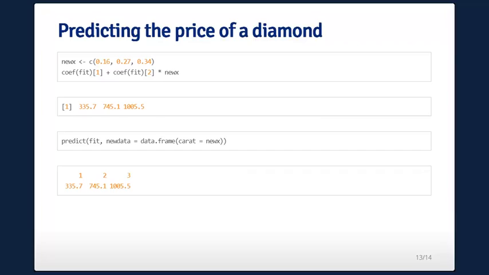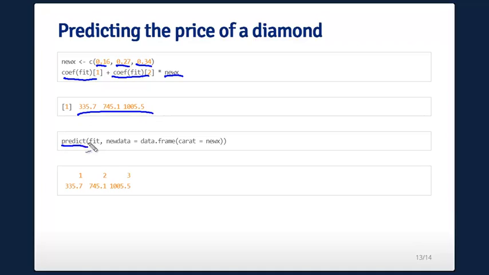It seemed pretty good. Now someone comes to you and says, I got a couple of values of carats, and I want to predict what price I should get, so I know how to haggle correctly or whatever. So they say I want the predicted values for those 3 things. Well, you could grab the intercept and grab the slope and multiply them times the new x's, and you get your 3 predicted dollar amounts.